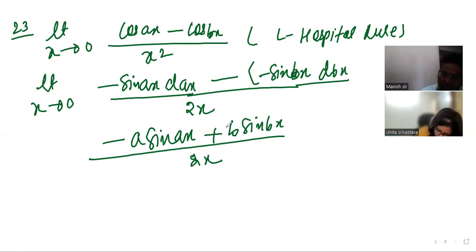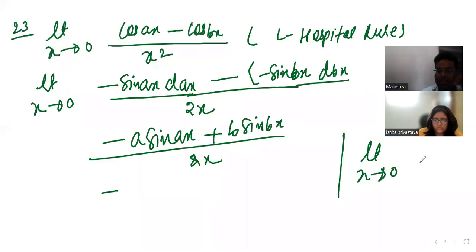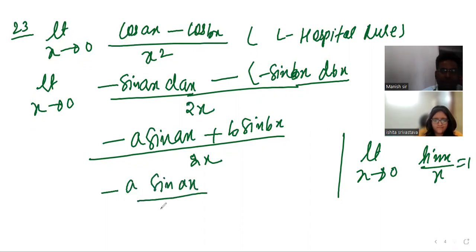So you can directly get the answer like this one. Suppose I want to arrange this one. As we know, limit x tends to 0, sin x by x is nothing but 1. So it is minus of a, so it will be a times sin ax divided by 2. I will multiply with a and divide with a, so it will become ax and the numerator will become a.